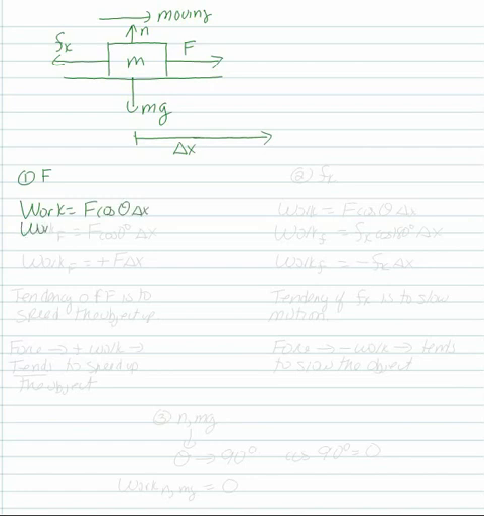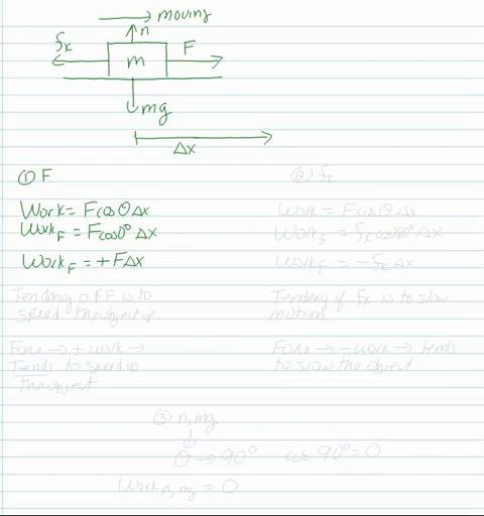So the work done by the force F, well, the force is F. It moves delta x. The angle between F and delta x, they're parallel to each other in the same direction, 0 degrees. So you find out the work done by F, since the cosine of 0 is positive 1, is a positive F delta x. Again, we're not worried about the numbers, we're looking at the signs.